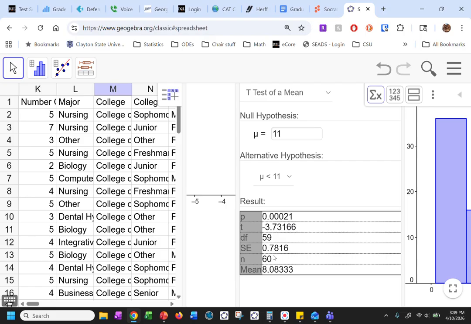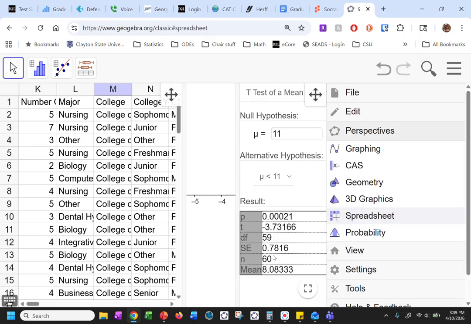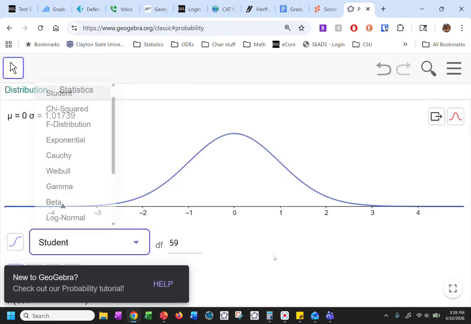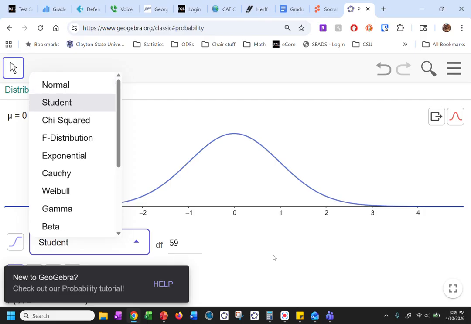And there's no problem with doing it that way. Just make sure that you are able to go through and show all the steps to calculate that z or t score yourself and find the p-value using your normal calculator, or your student's t-distribution, whichever one.